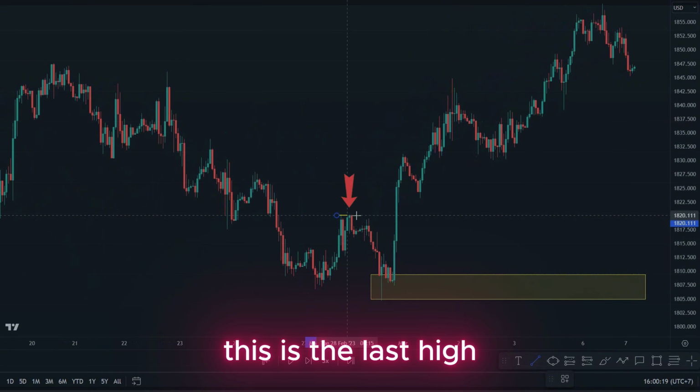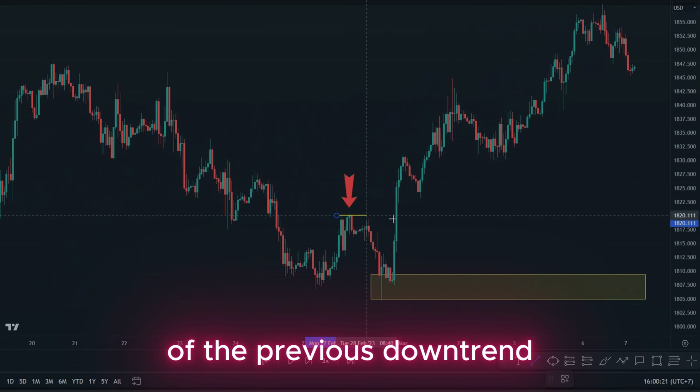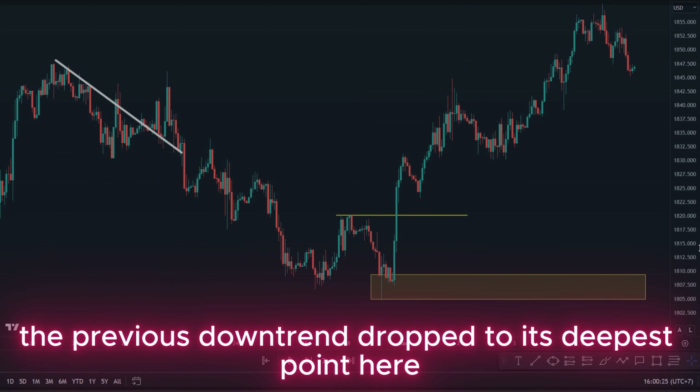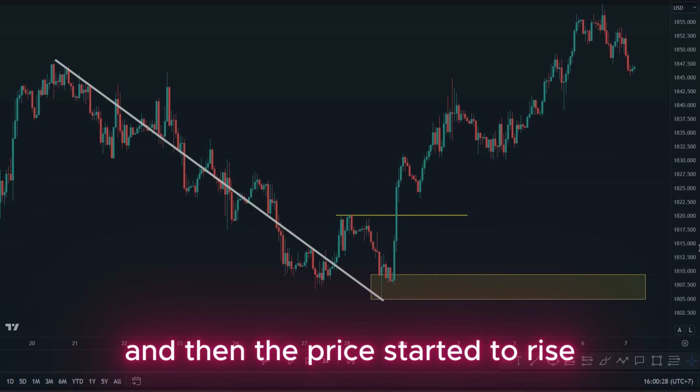This is the last high of the previous downtrend. The previous downtrend dropped to its deepest point here. And then the price started to rise. This is the last high of the downtrend. The price breaks through that last high. It breaks through strongly like this, and then there hasn't been any candlestick wick or candlestick that has returned to retest this high.